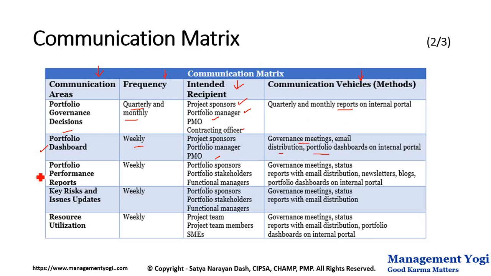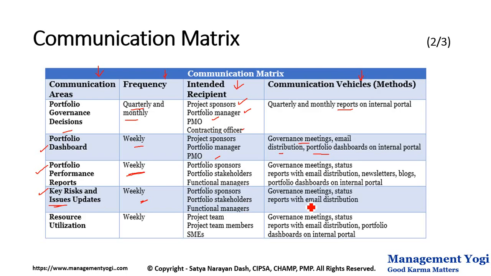Then you have portfolio performance reports. Frequency again weekly. The recipients: portfolio sponsors, portfolio stakeholders, functional managers. Vehicles or methods: communication meetings, status reports with email distribution, newsletter, blogs, portfolio dashboards on internet portal or internal portal. Then you have key risks and issues, equally important. Again frequency is weekly. The intended recipients: portfolio sponsor, stakeholders and functional managers.